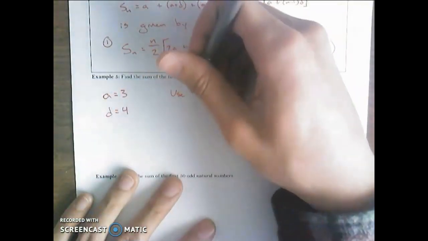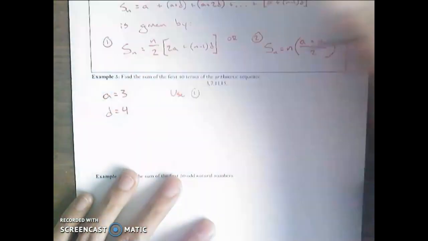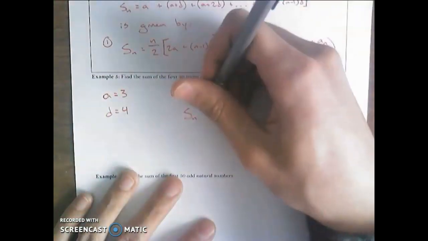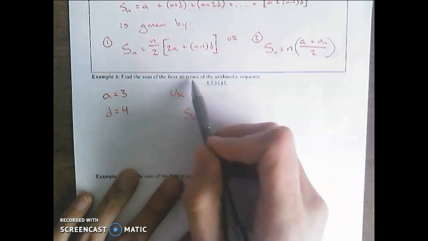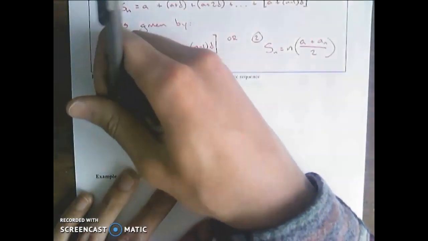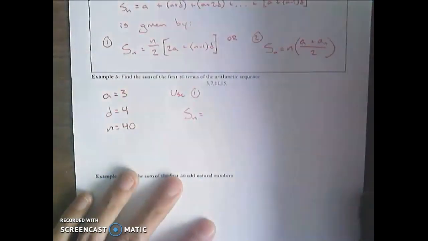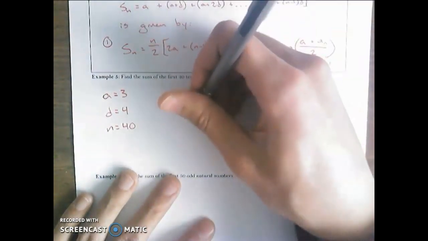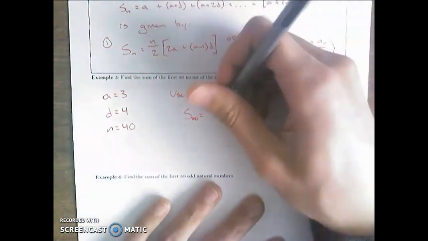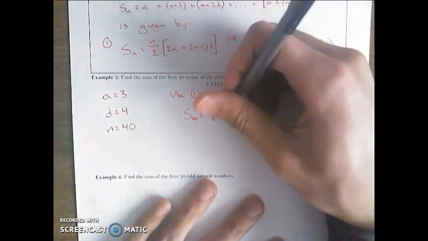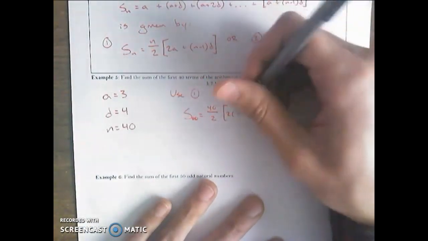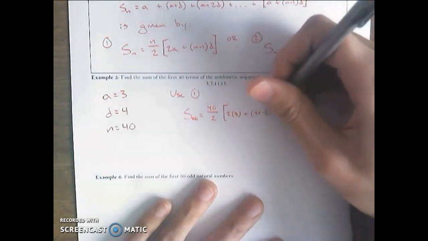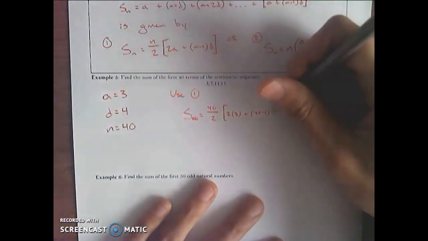Let's try this using the first formula. So Sn is equal to, we want the first 40 terms, so n is 40. So we want the sum of the first 40 terms. So this would be S40 is 40 over 2 times 2 times a, which is 3, plus n minus 1, 40 minus 1, times d, which is 4.